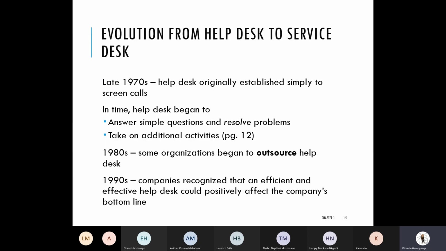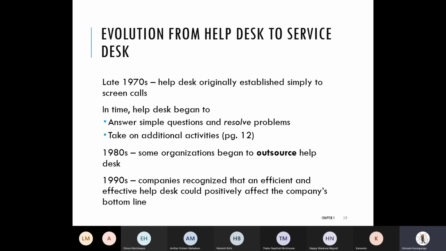So this evolution of your service desk environment, like I was just mentioning, initially used to just screen calls, and then as time went by, it would answer simple questions and resolve problems, and then take on additional activities.